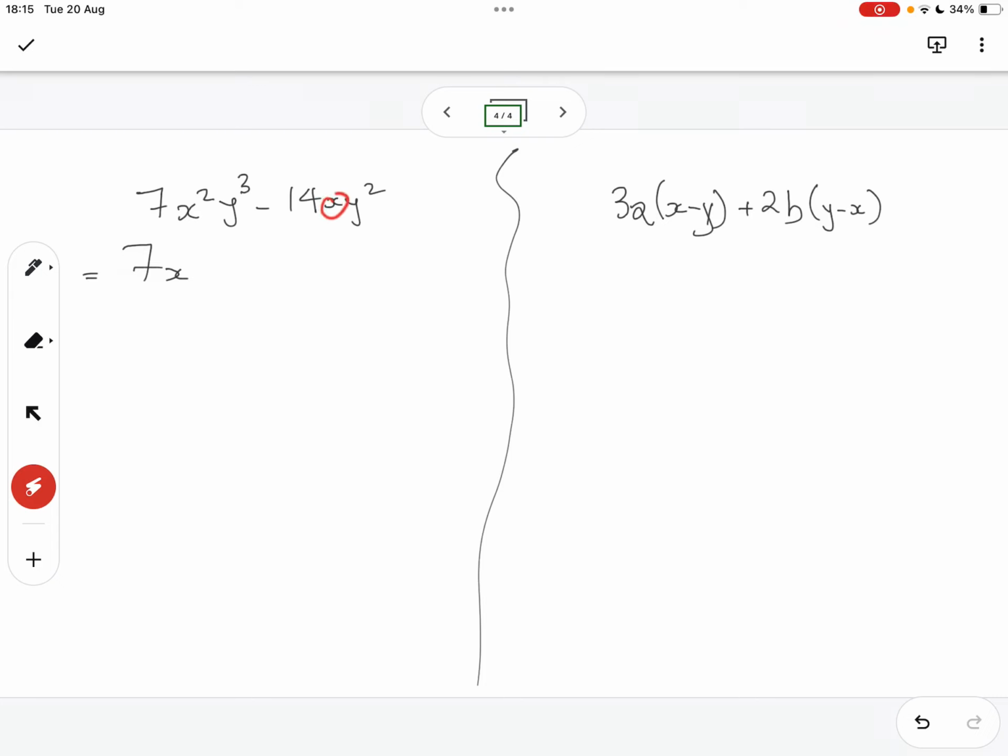That's why I left the x as it is, and I'm not putting a square, because I know when I multiply back, I need to get the 7x there. That's why I'm leaving it without an exponent. We still haven't taken out the highest common factor there.